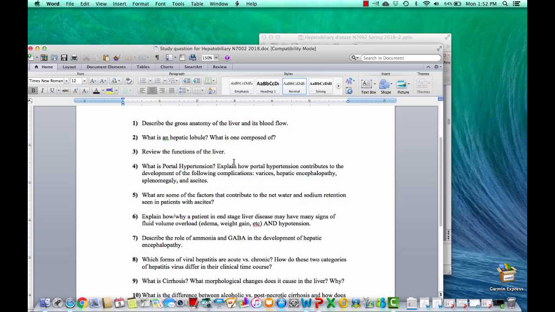So if we looked at all the complications that we just talked about with liver disease, taking lactulose is aimed at reducing what? Ammonia and encephalopathy, right? Make sense? Okay.